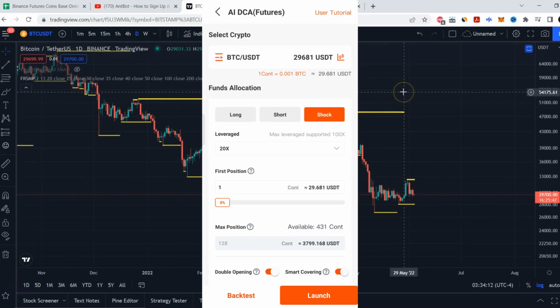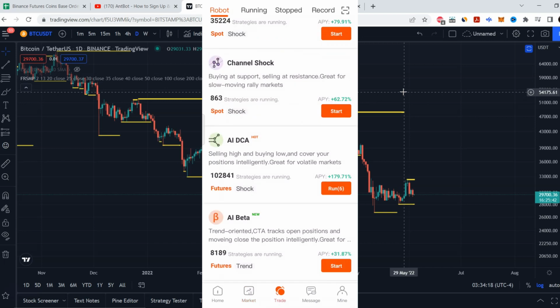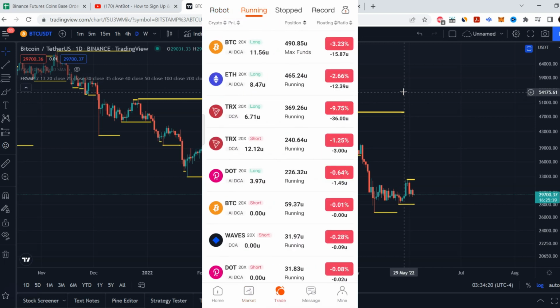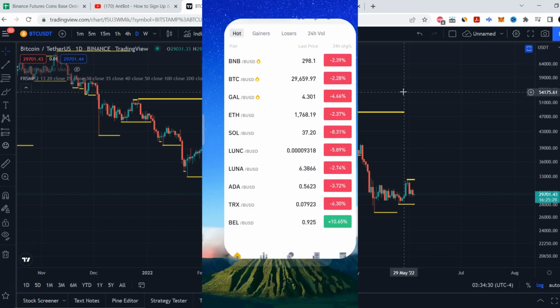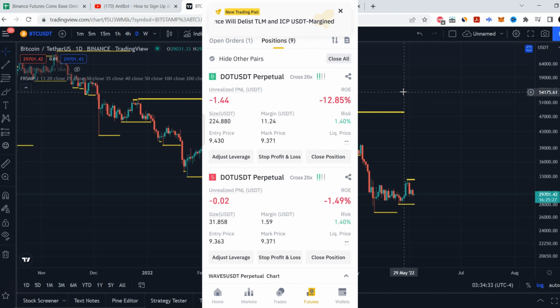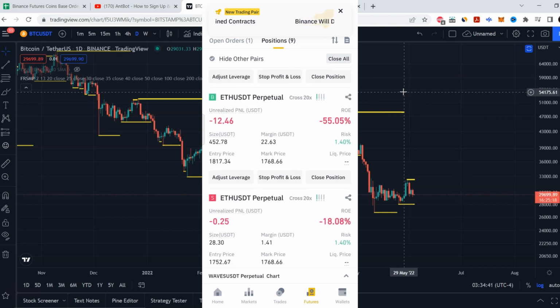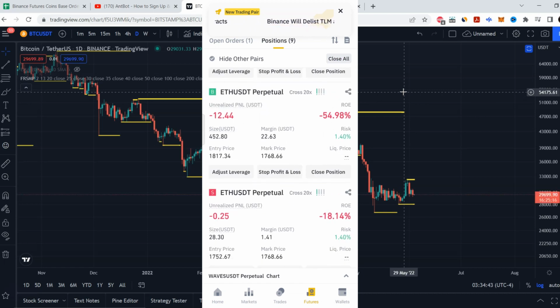If you want to calculate floating loss inside AntBot, you can go to Running here inside the trade. You can see your positions. Position is the total trading size. If you go to Binance, you can see, for example, Ethereum for my long position, you can double check it.